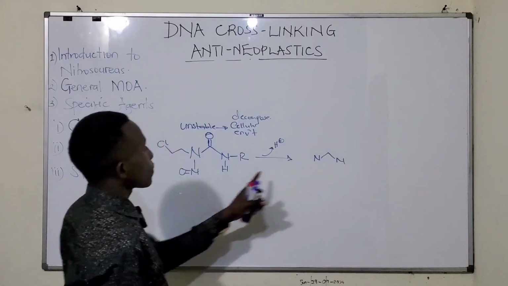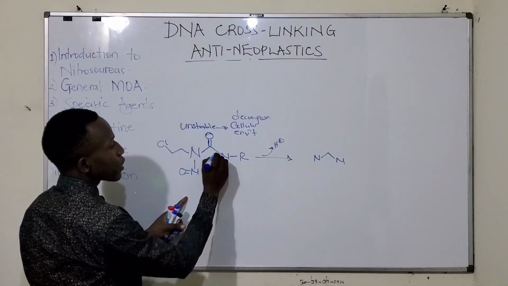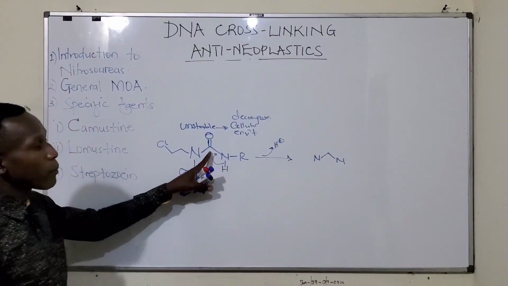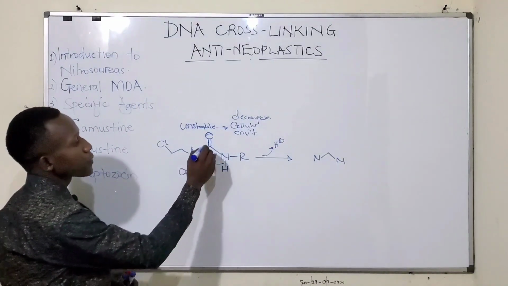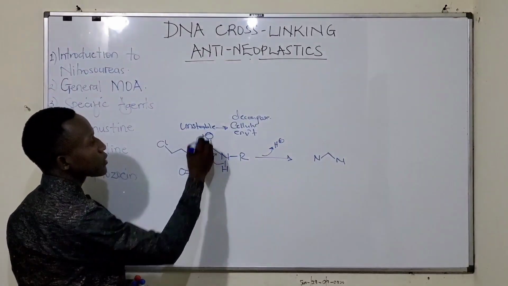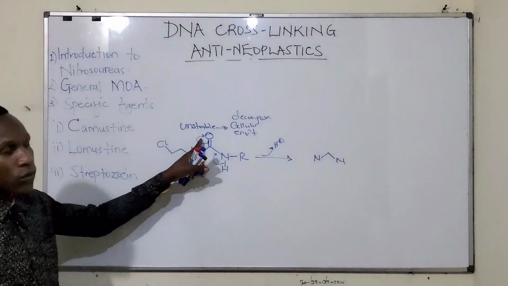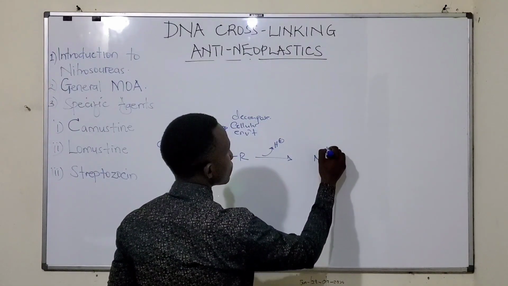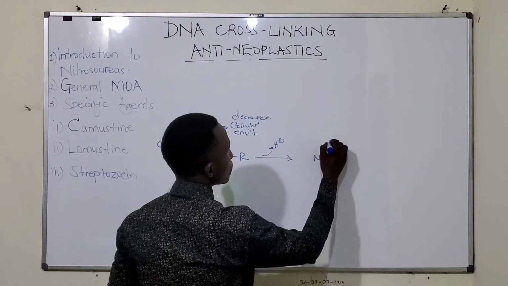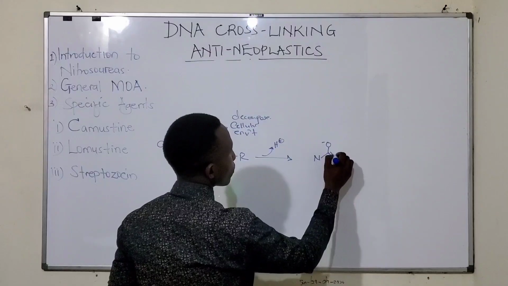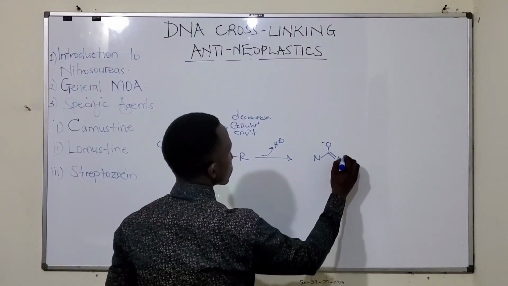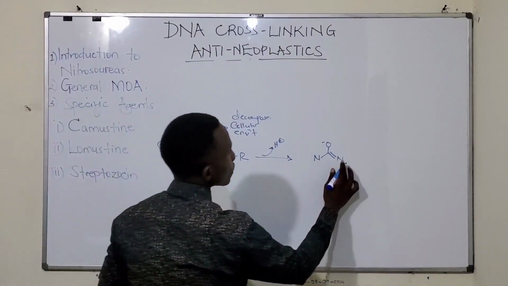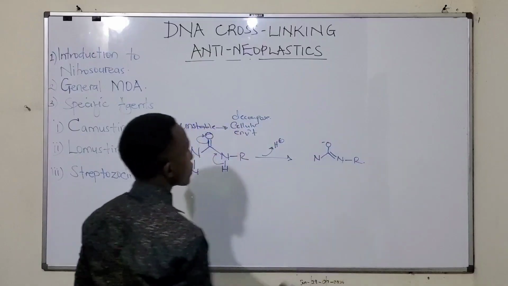This nitrogen, when it loses the proton, we shall have formation of a bond here. When we form a bond, this bond will break and give the electrons to the oxygen. So we shall have this with a double bond here. This double bond, we're having the R group this side.